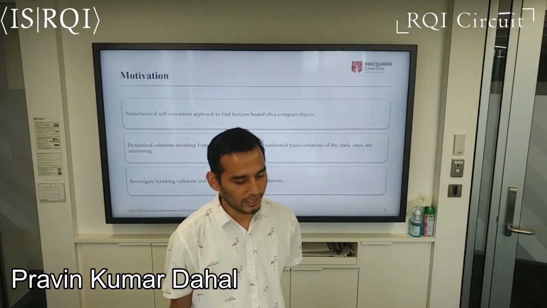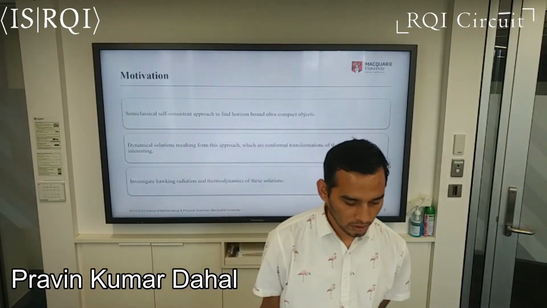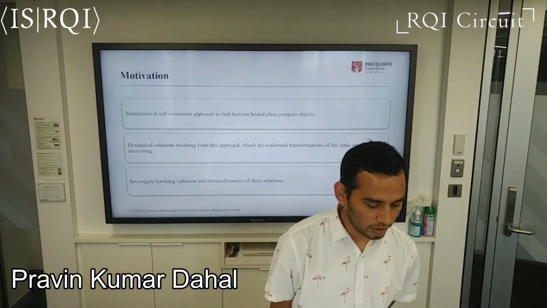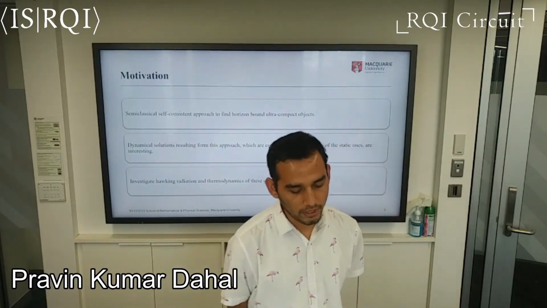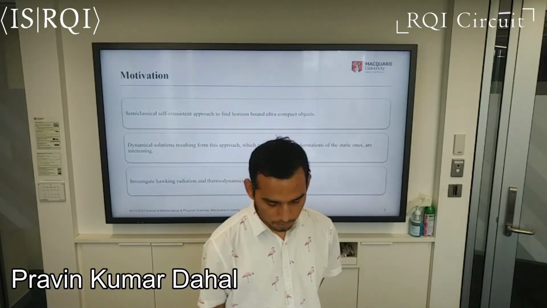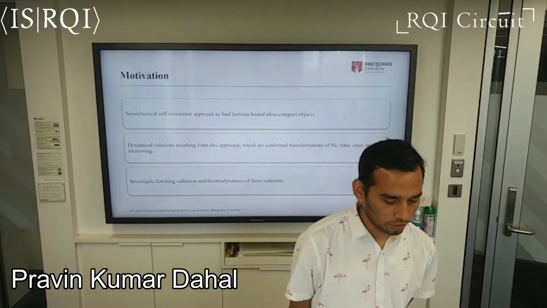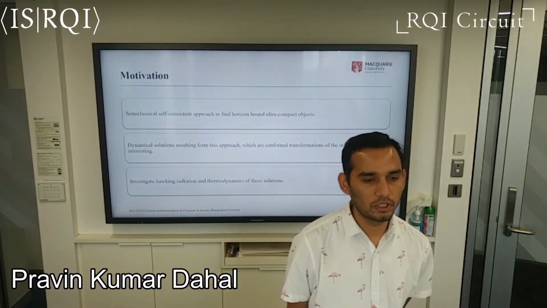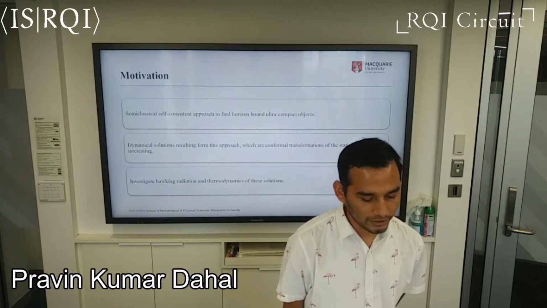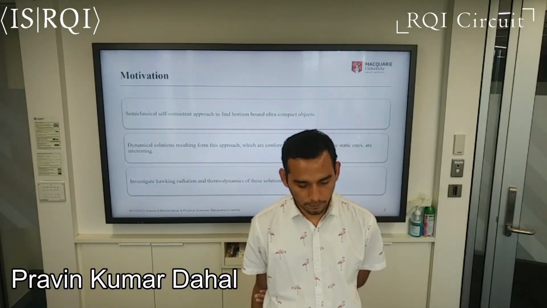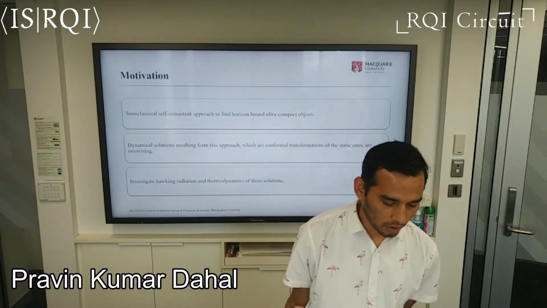We try to find semi-classical self-consistent solutions to find the near horizon region, to find the solutions of ultra-compact objects. What is the generic solution in semi-classical gravity? That contains horizons or ultra-compact objects.